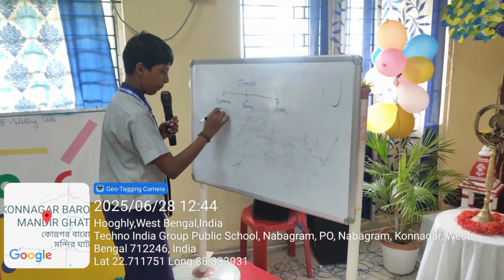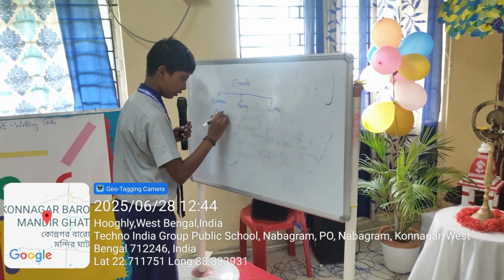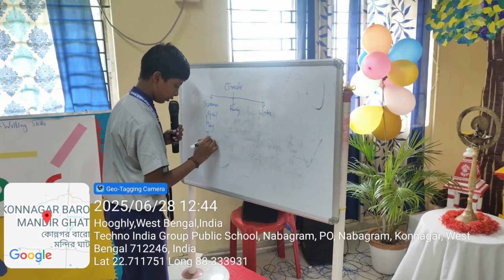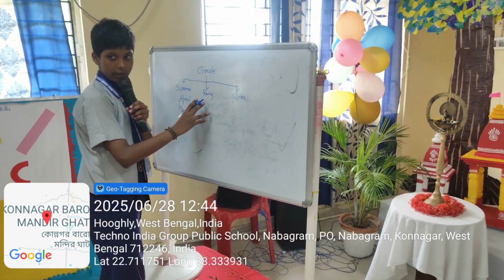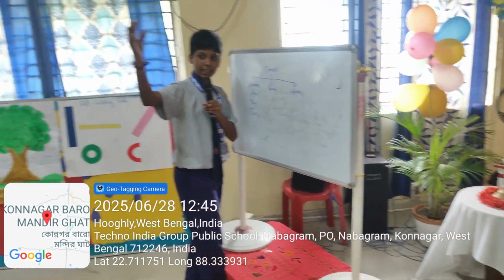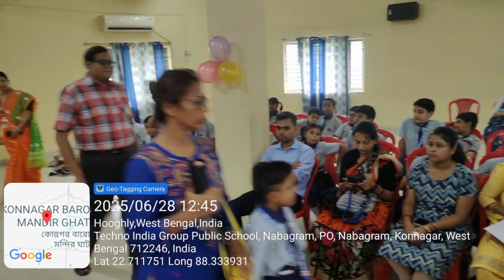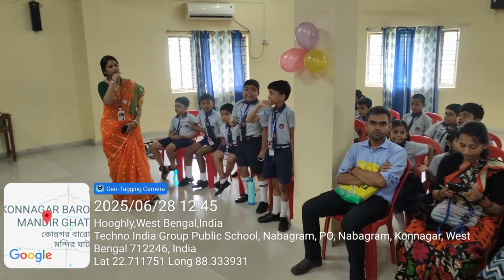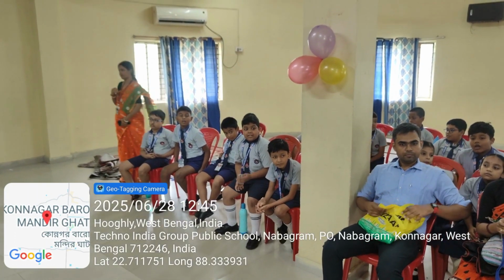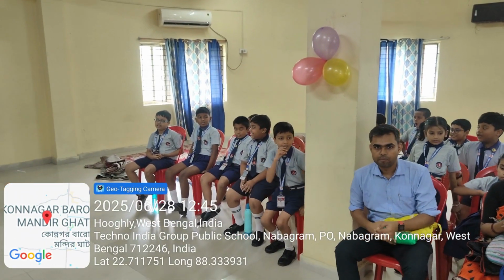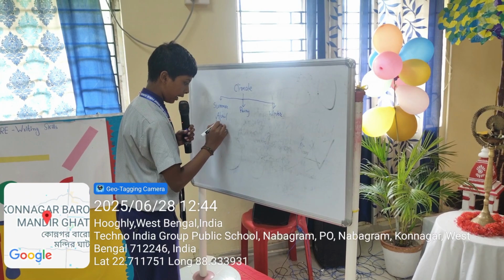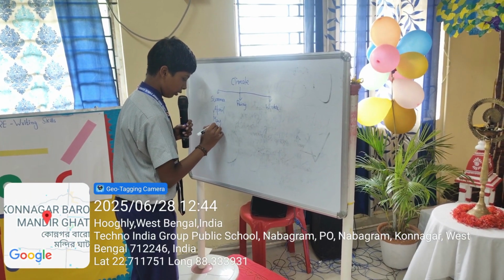Say along with me: April, May, June. Give me the name of the month which comes in the rainy season. And July. Yes. So after June comes July, after July, August.